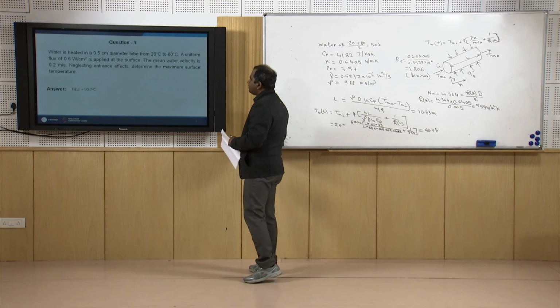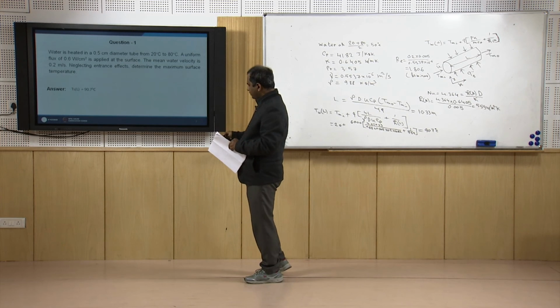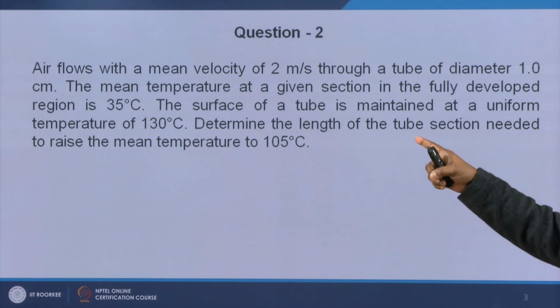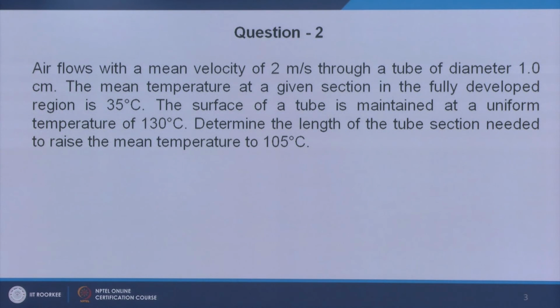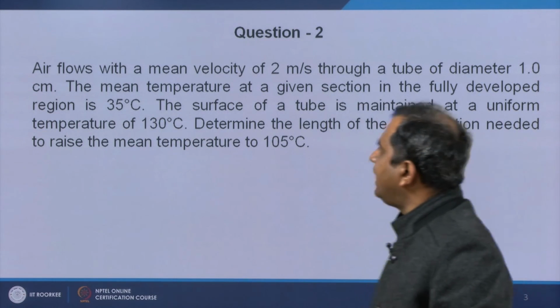Next, let me tell you the next problem we will try. Air flows with a mean velocity of 2 meter per second through a tube of diameter 1 centimeter. The mean temperature at a given section in the fully developed region is 35 degree. Here you see we have constant wall temperature now.